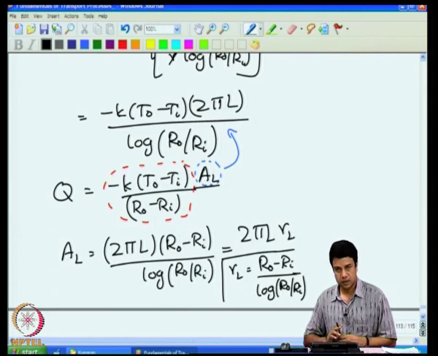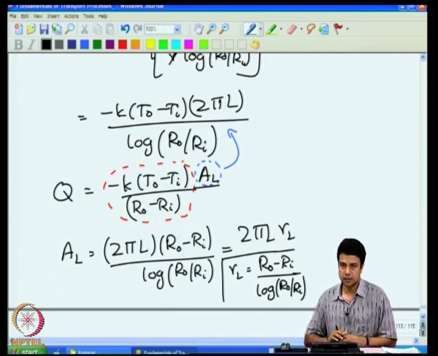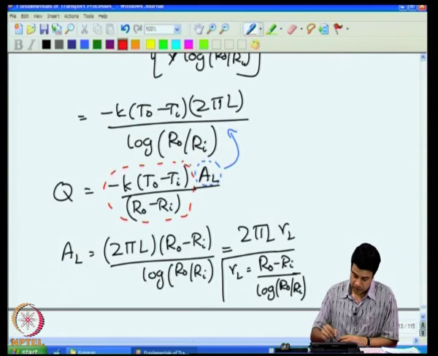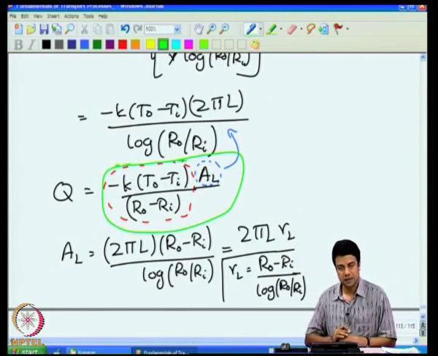So, for heat conduction through a cylindrical annulus, we have to use the logarithmic mean radius to calculate the effective area, if you use an equation of this kind in order to calculate the heat flux. That is because the surface area is changing as the radius changes, and one has to keep that in mind whenever one works with a curvilinear coordinate system.